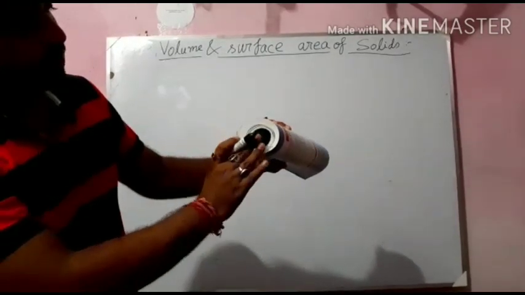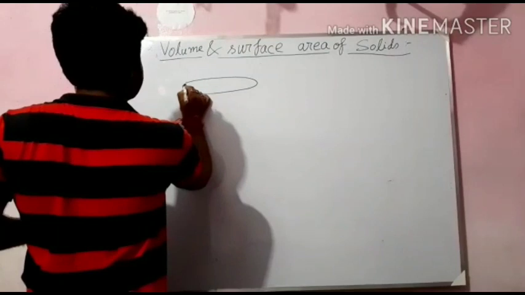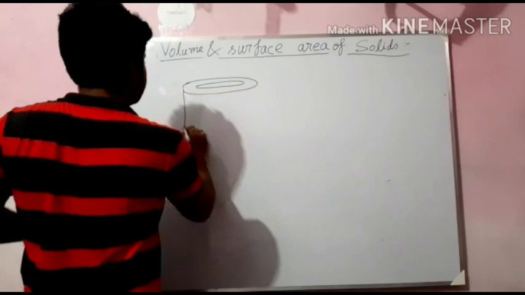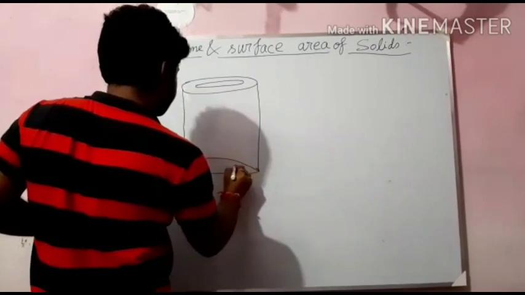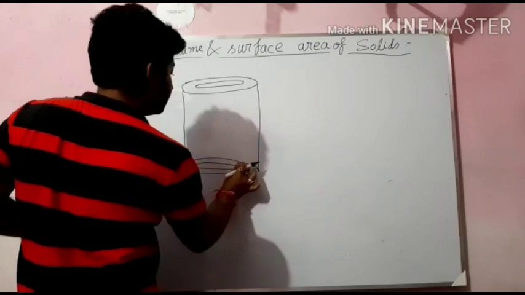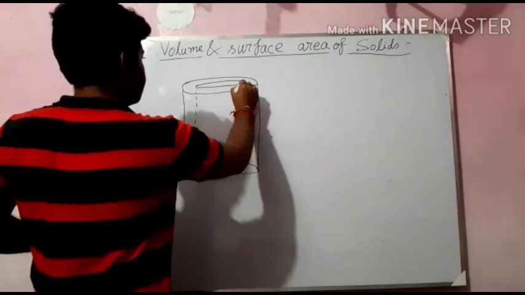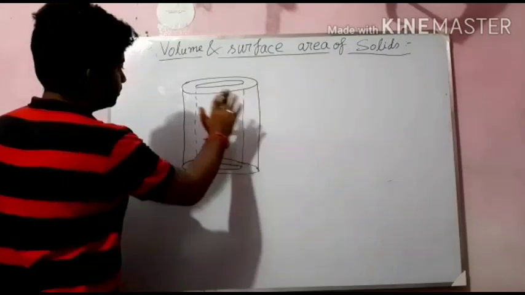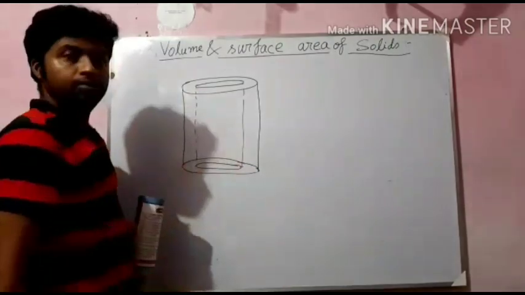Now, suppose I am drawing this on the board. It will look like this, right? This is the outer surface and this will be the inner surface, right?